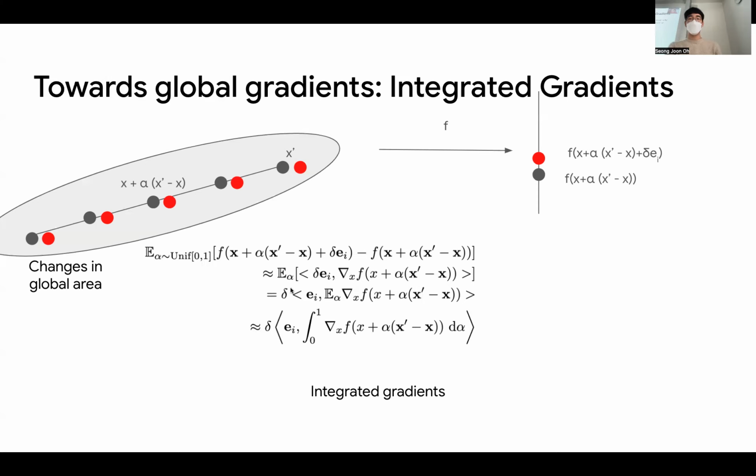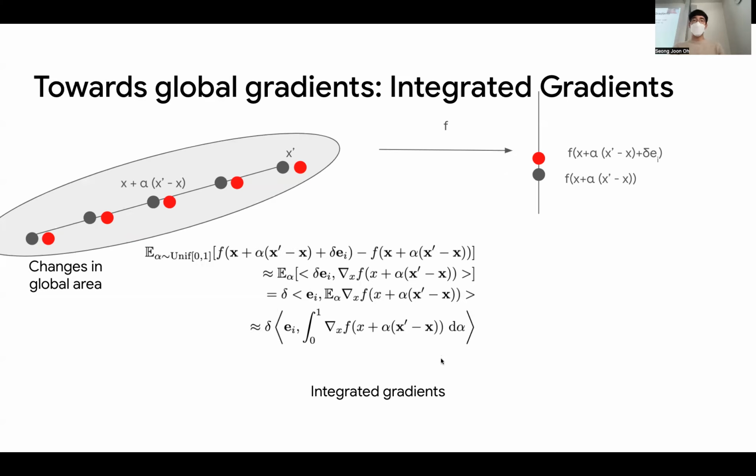And then you can of course swap the expectation with the dot product, because both of them are linear. And here you can actually estimate the expectation exactly. It's not an approximation, it's the same thing, right? Because alpha is a uniform distribution. So you're taking the gradient here, and then you're basically sampling alpha from 0 to 1. And that gives you this kind of estimate of your pixel-wise contribution.